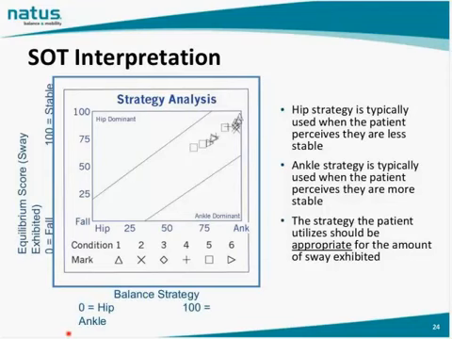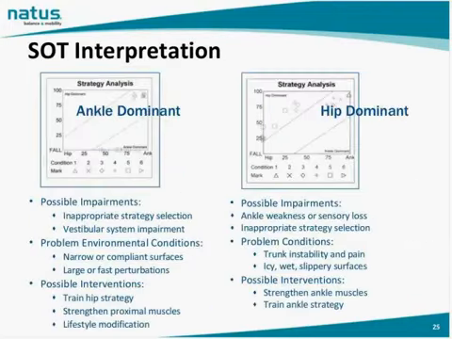So it runs from a total hip strategy to a total ankle strategy, from a fall up to being stable. An ankle dominant strategy is commonly seen in vestibular cases. That is, they lose balance so quickly that they simply fall over like a tree blowing over in a big windstorm.